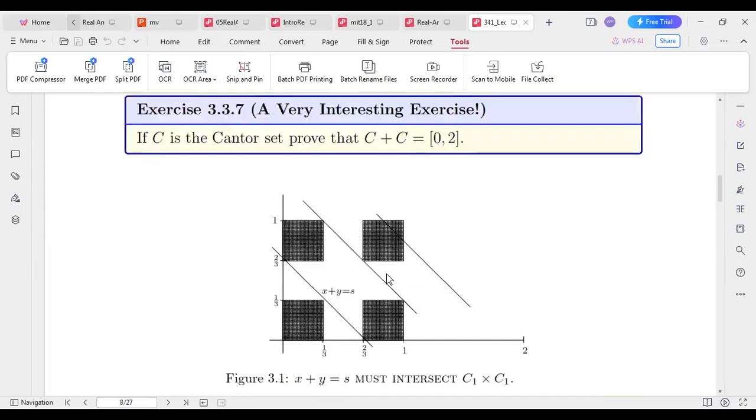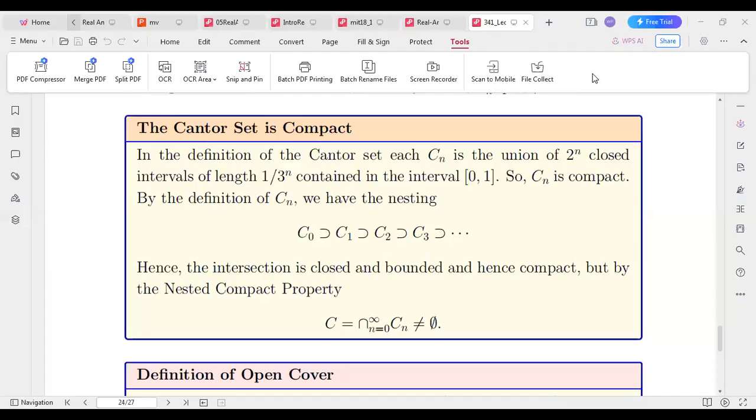So this is a very interesting exercise. C is the Cantor set, and we can prove C plus C equals 0 to 2. Now the Cantor set is compact. In the definition of the Cantor set, each Cn is the union of 2 to the power n closed intervals of length 1 by 3 to the power n in the interval 0 to 1.